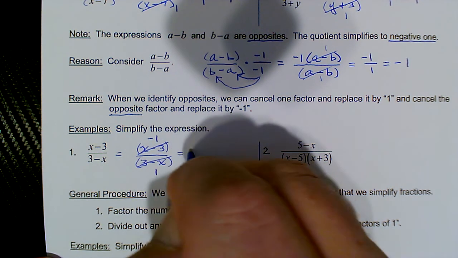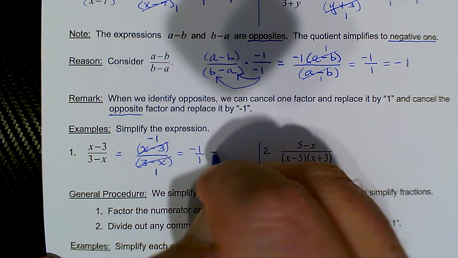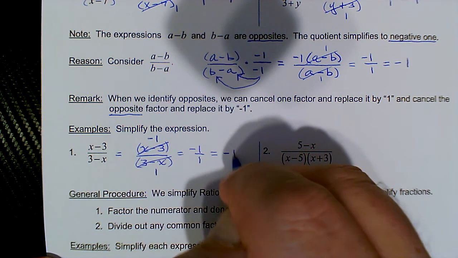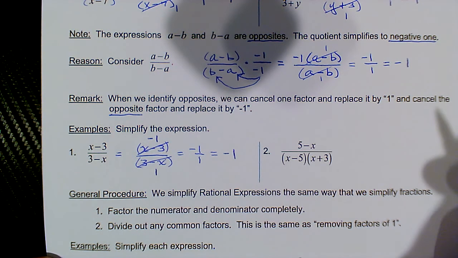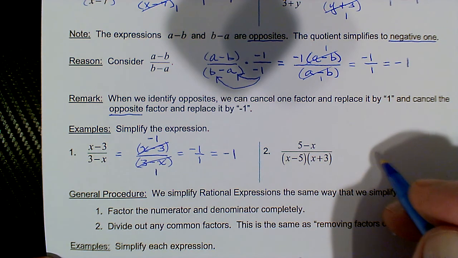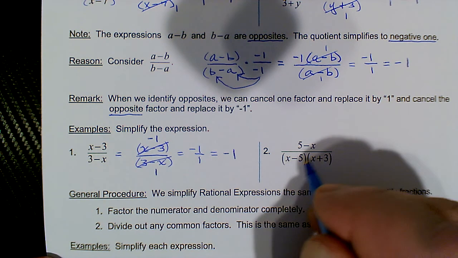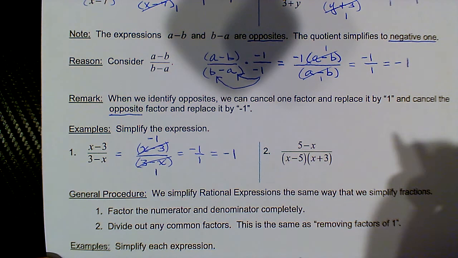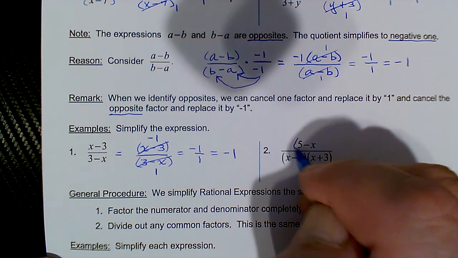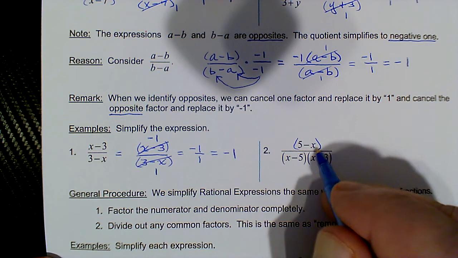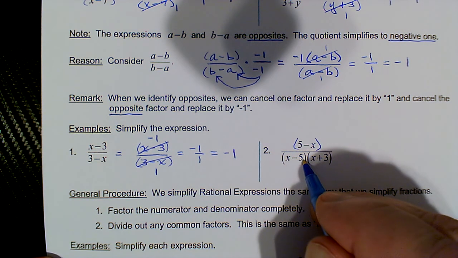That's just -1. So similarly here, I'm not going to recopy it, I'm just going to work off the given. We should notice that the 5 minus x and the x minus 5 are opposites. And so therefore, we can cancel.